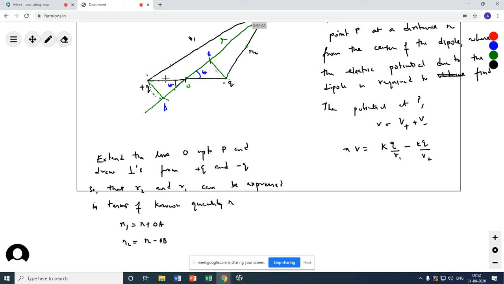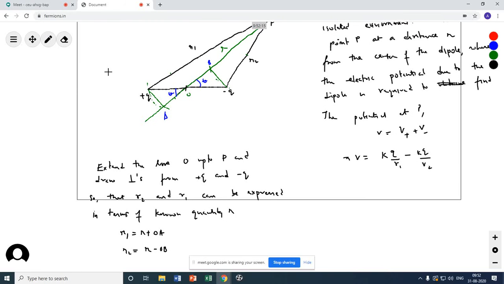Now if you look at the triangles, you can give any two names. Let me name this point as P, this is P, this is Q. You can see that these two triangles are congruent. How can you say these two triangles are congruent? Theta and theta are vertically opposite angles. This is 90, this is 90. So this angle is equal, and you have drawn a perpendicular.